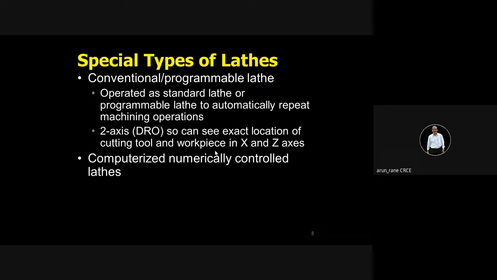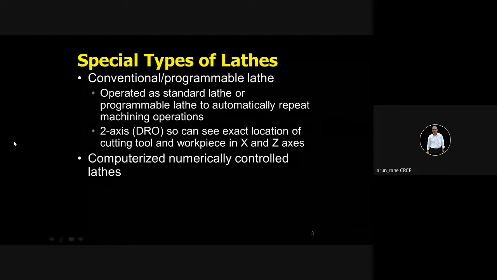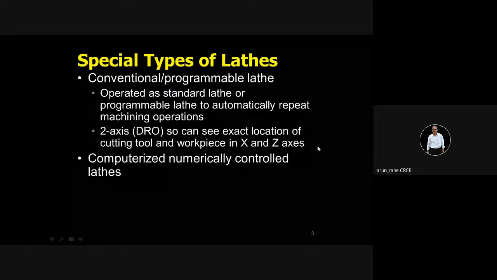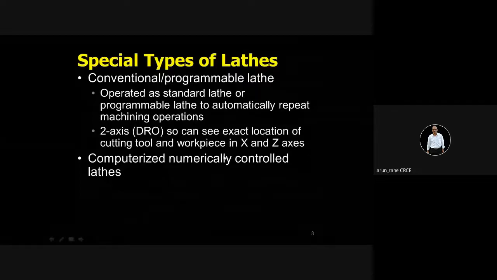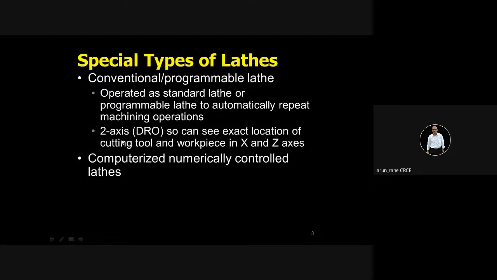Remember, in case of a lathe, the axis which is parallel to the spindle is called the Z axis, like this axis. It is the longitudinal travel, which is against our coordinate system.